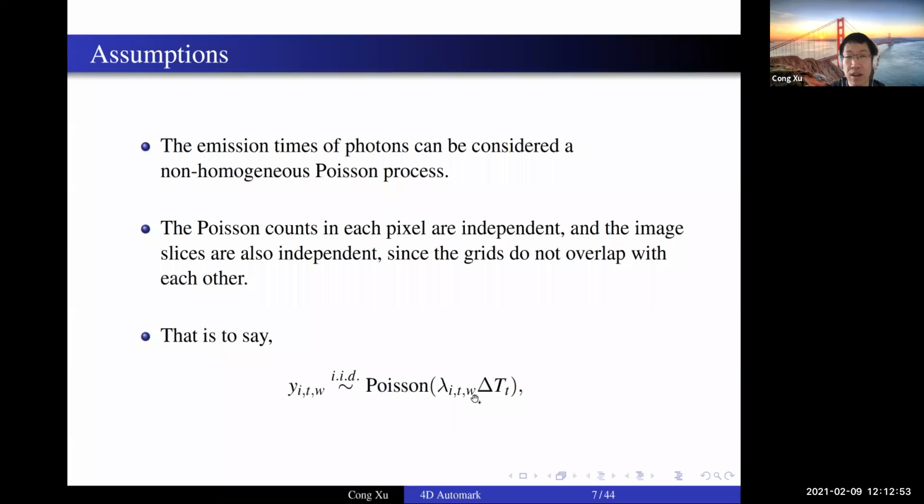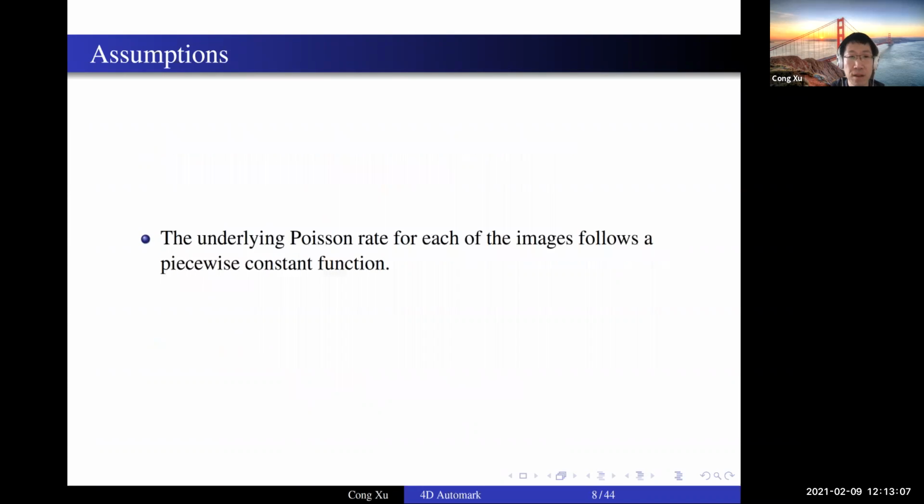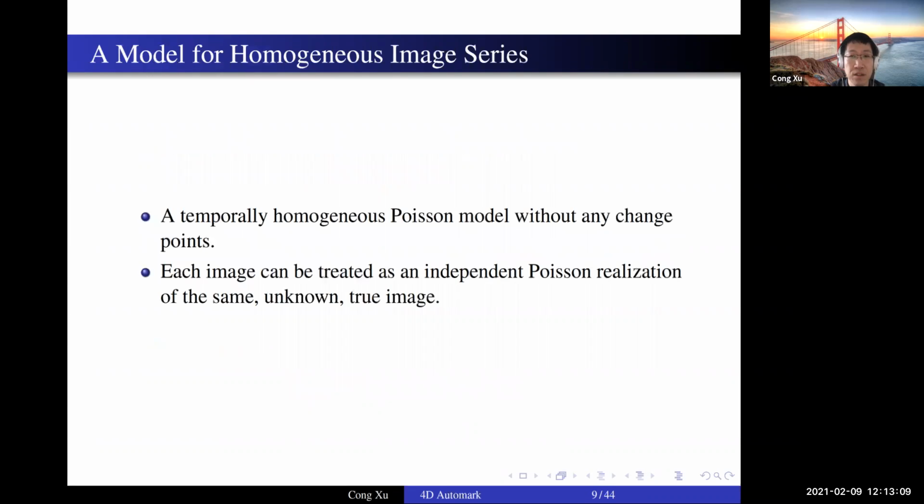So we do not allow lambda to change freely; we have some restrictions. We assume that this is actually a piecewise constant function. Now I'm going to mention the details about this piecewise constant function assumption.